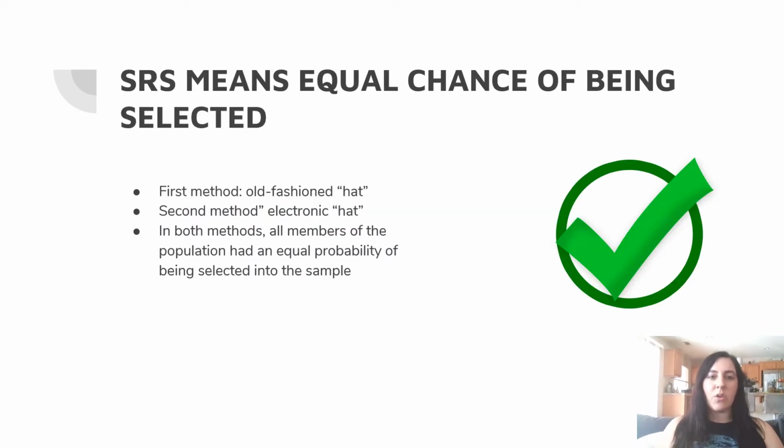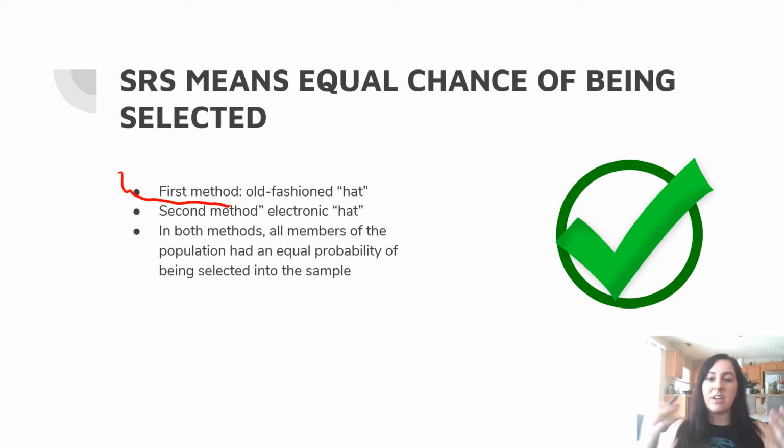Okay, so the whole point of simple random sampling, the whole objective, is that every individual in the population has an equal chance of being selected as part of the sample for the study, right? In the first method, we used the old-fashioned hat.